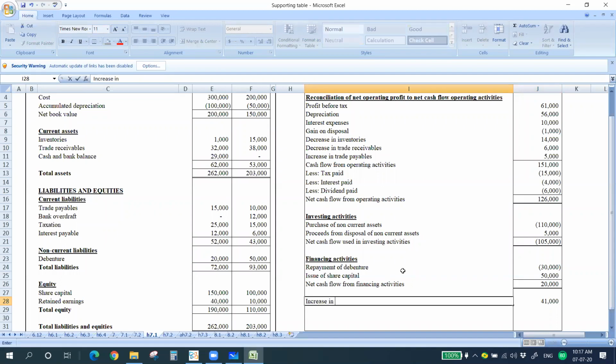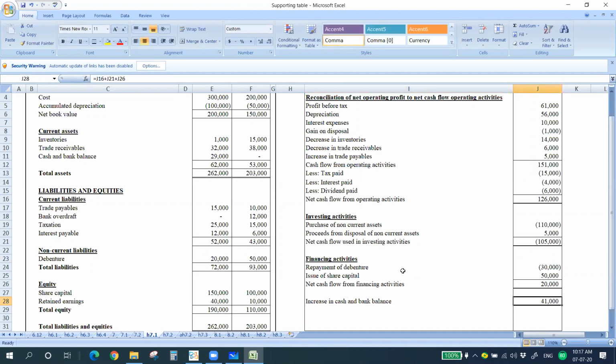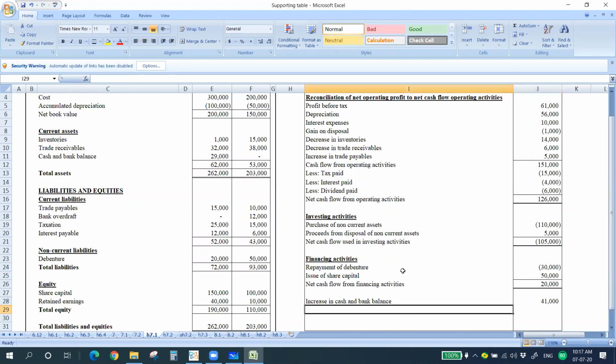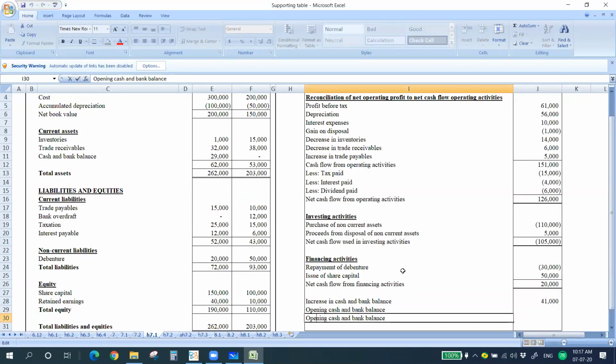Increase in cash and bank balance. Right? Increase in cash and bank balance. So we have opening cash and bank balance, and we have closing cash and bank balance as well.